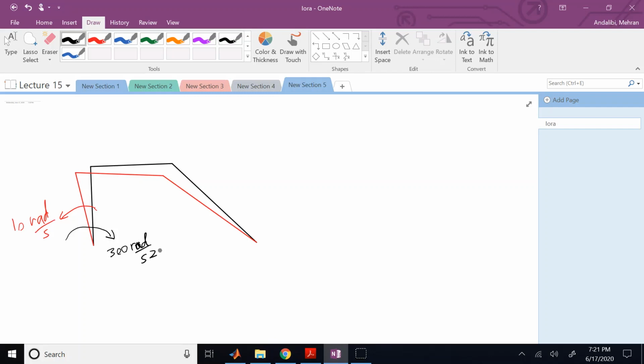Even if alpha is constant, which it could be if you can maintain a uniform, constant alpha with the motor, omega is going to change. Because when alpha is constant, omega AB is going to be the initial omega AB plus alpha AB times t.